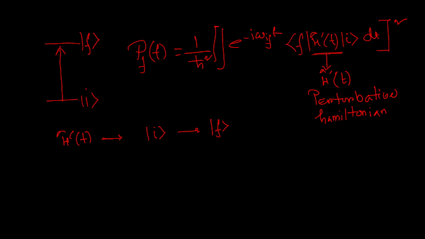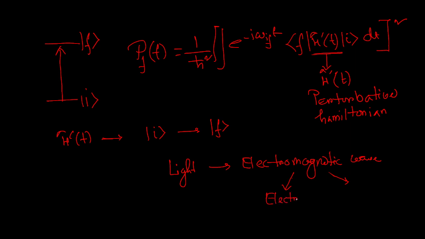But what is light? Light is nothing but an electromagnetic wave. So it has two types of field: one is the electric field, one is the magnetic field.